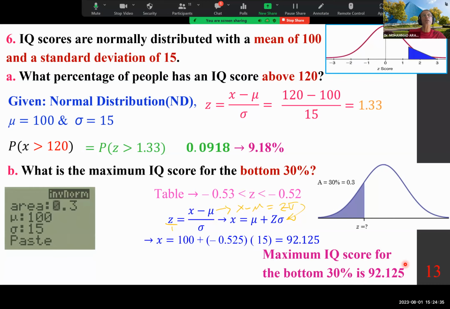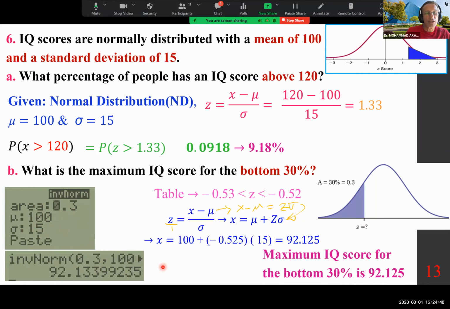If we were to do the technology, area is 0.3, mu is 100, sigma is 15. You can go directly to the given mu and sigma, and it will give you the answer. But it is important to do the graph, write the formulas, and then use the technology, because you're telling your reader you know exactly what you're supposed to do.